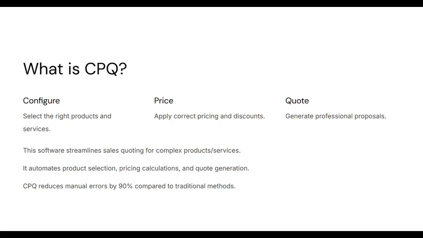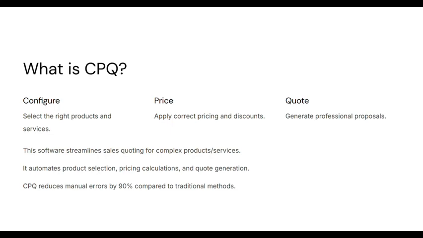This leads to dependency on individuals, delays and risk of errors and incompatible product combinations. This is exactly where Salesforce CPQ comes into the picture. It helps sales representatives configure all of this.